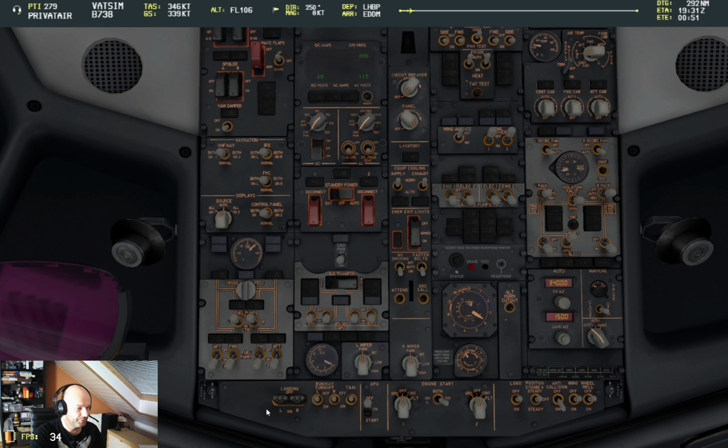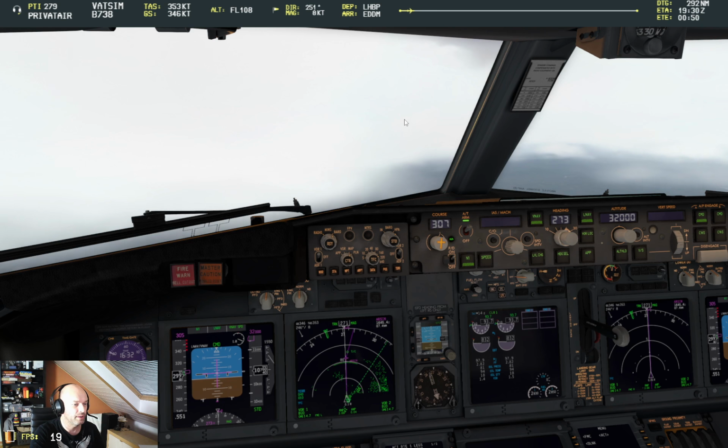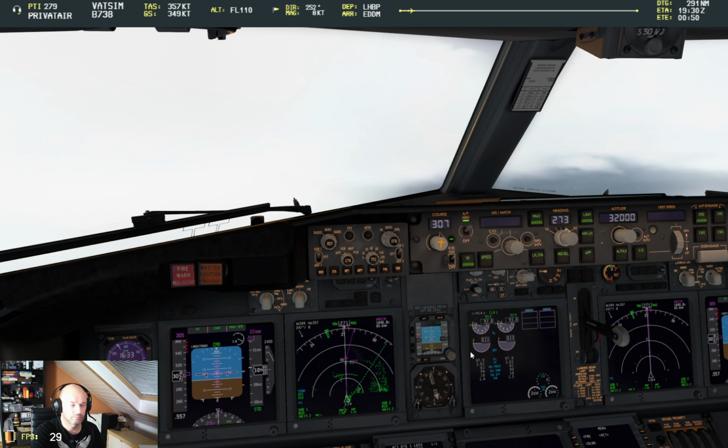Wing light off. Seat belts. I want to wait until we pass this layer of cloud here. Let's skip them all. After 7,000, stay direct Naptex with there 30.